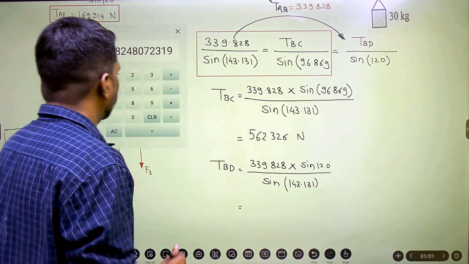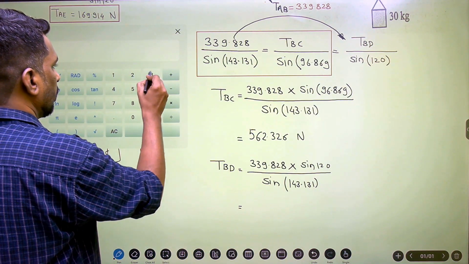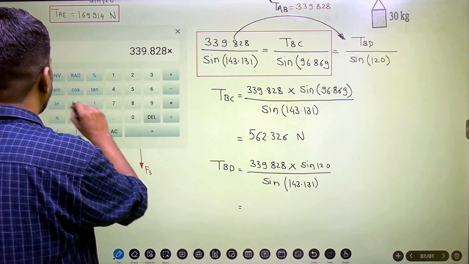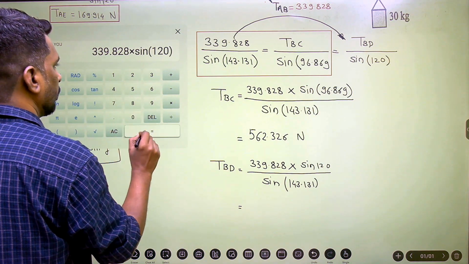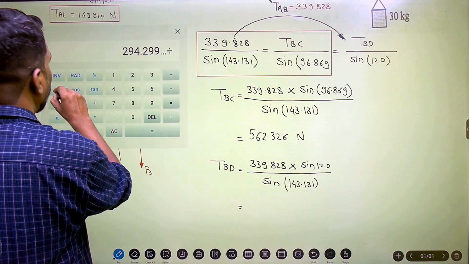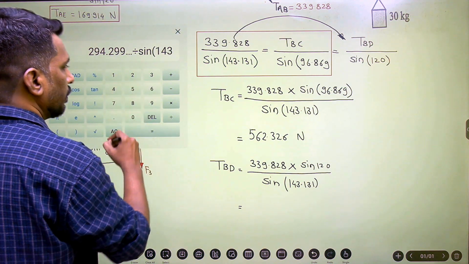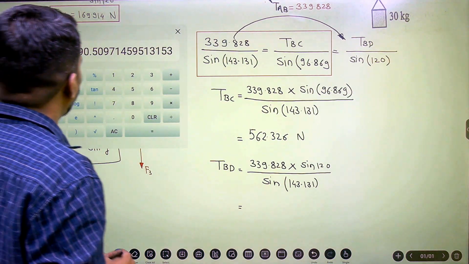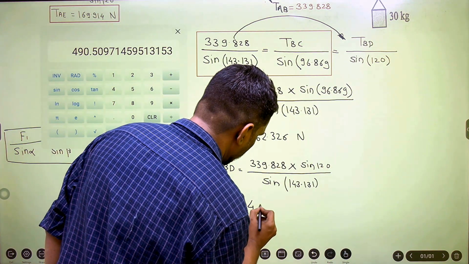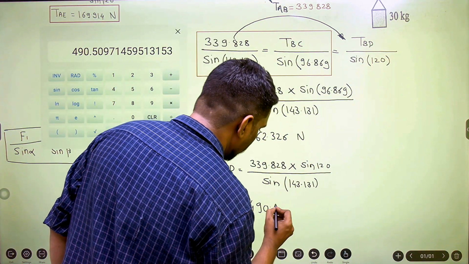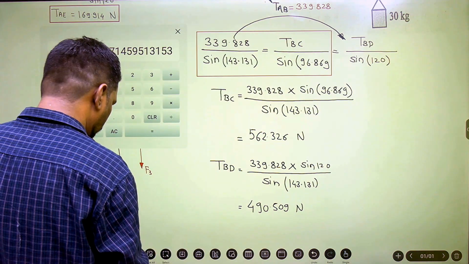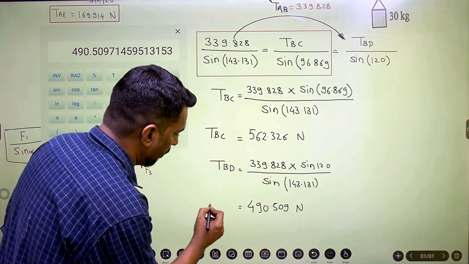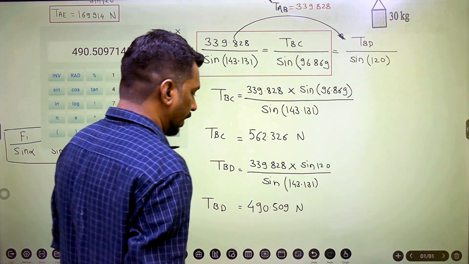So if you solve this, sine 120 divided by sine of 143.131, this is 490.509 Newton. Now we have solved all the unknowns, and the values are TBC is equal to 562.326 and TBD is equal to 490.509.